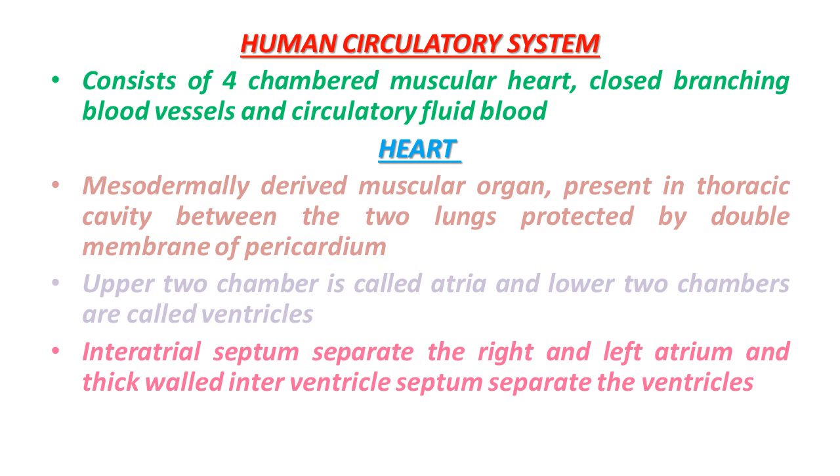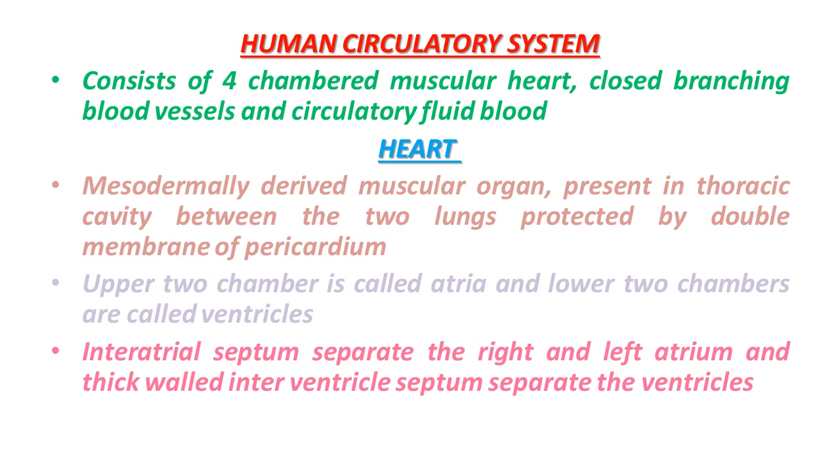So the chambers of the heart, two atria and two ventricles, are separated this way. Each of these septa is provided with an opening through which the two chambers of the same side are connected. So though they are separated structures, still through the opening these two chambers of the same side are connected.